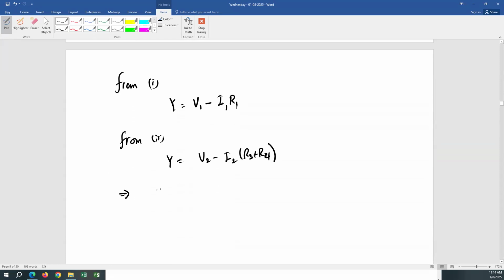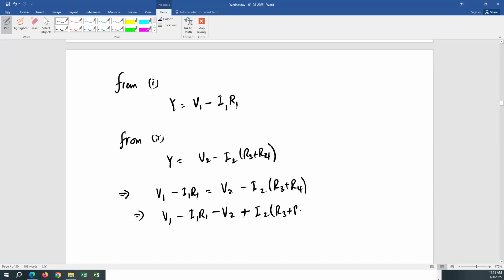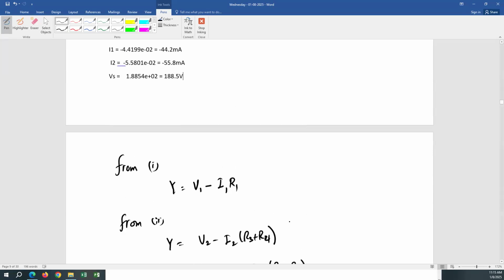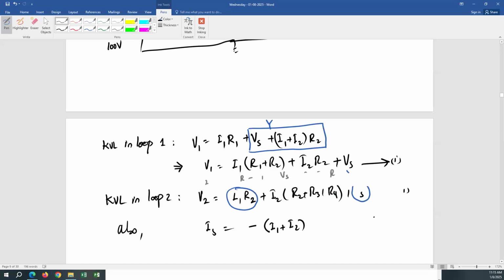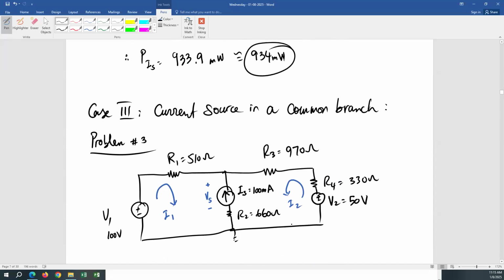So I can write down V1 minus I1 R1 equals V2 minus I2 times R3 plus R4, or V1 minus I1 R1 minus V2 plus I2 times R3 plus R4 is equal to 0. I can write this equation down. What is the application of supermesh? How do you do supermesh? You ignore the common branch where you have the current source, and you write the KVL from the outer loop.